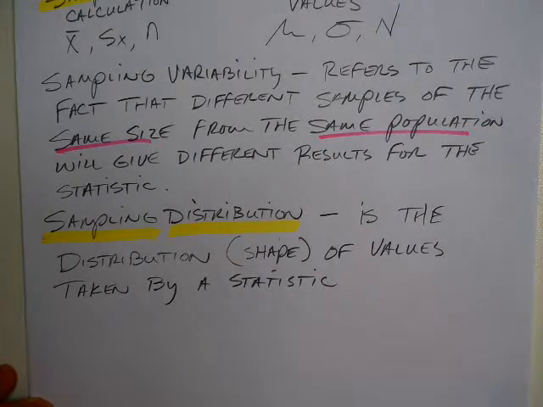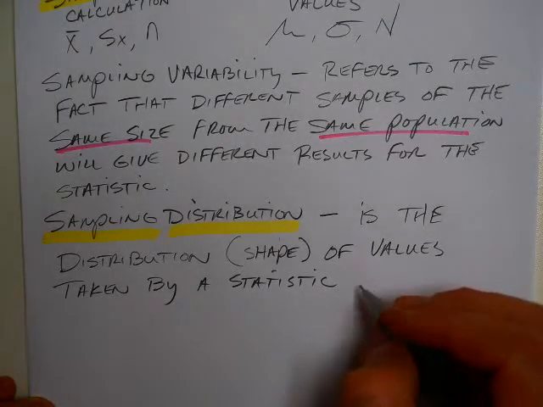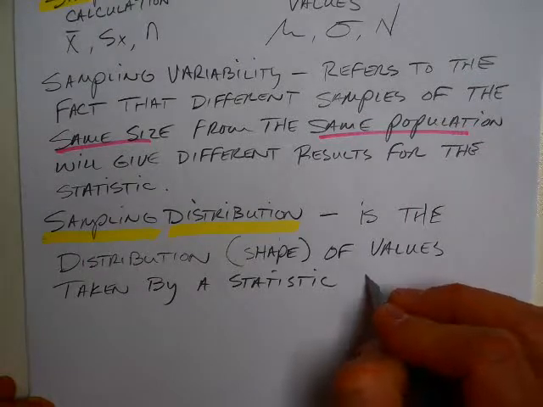In my example, I used mean as a statistic, an average of age, in all possible samples of the same size from the same population.